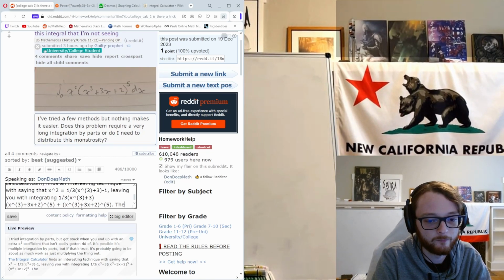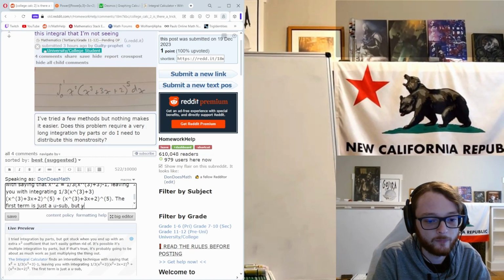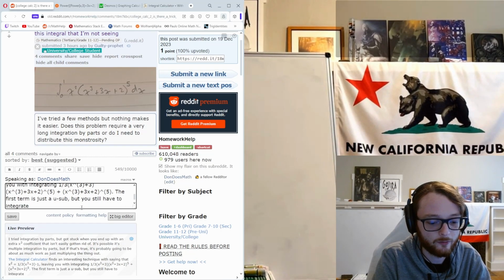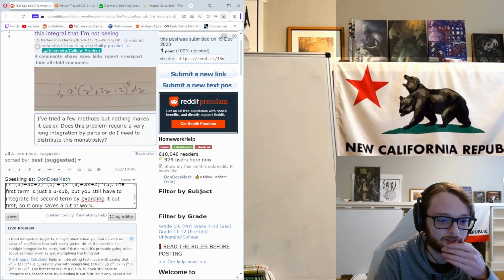The first term is just a u sub, but you still have to integrate the second term by expanding it out first. Only saves a bit of work. Actually, it doesn't really save work at all.